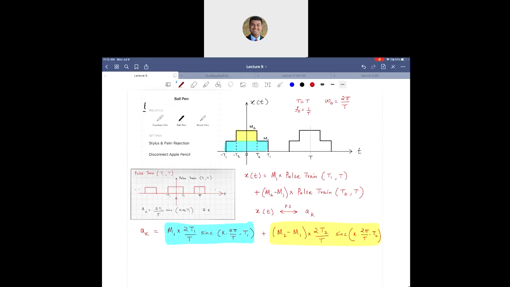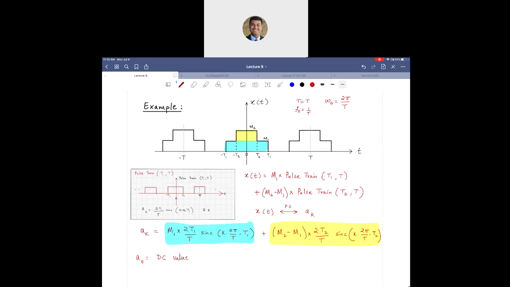All right. Before I move on and write "for all k" over here, which I cannot write just now, I am going to check whether A0 satisfies this or not. What is A sub 0? Which is the DC value.